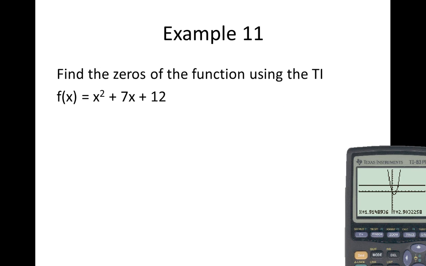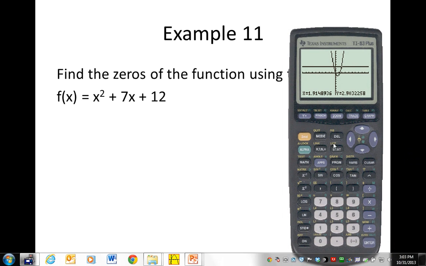Okay, now let's find the zeros of this guy. X squared plus 7x plus 12. I'll do the same thing I've done before, and then put a 0 there. I'll graph it. You can tell it intersects it. I need to zoom in there. Let me show you a little trick. Let's press zoom and zoom box, this very first one.